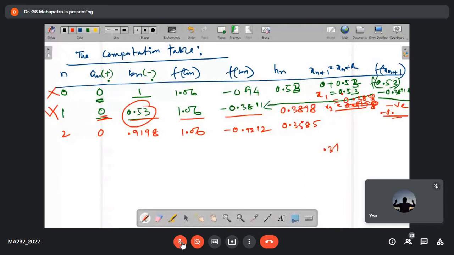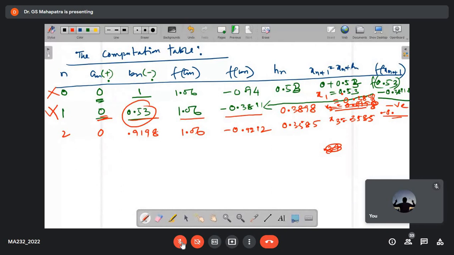Now here it is x3 again. It will be 0.3585. But you add with this one only, first case. Okay, improving that one only.